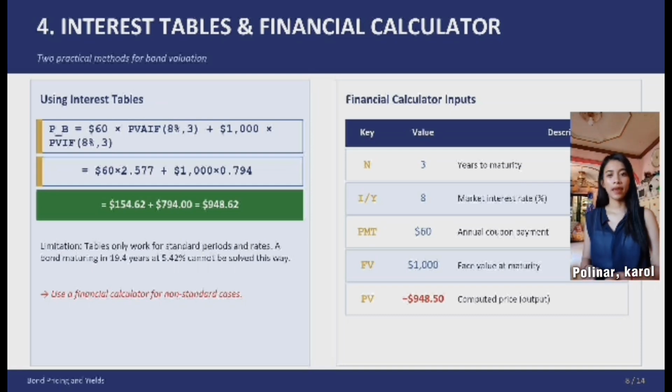On the right side, the same computation is done using a financial calculator by entering the years, interest rate, coupon payment, and face value. The calculator quickly gives the bond price, showing that it is faster and more convenient for real-life use.